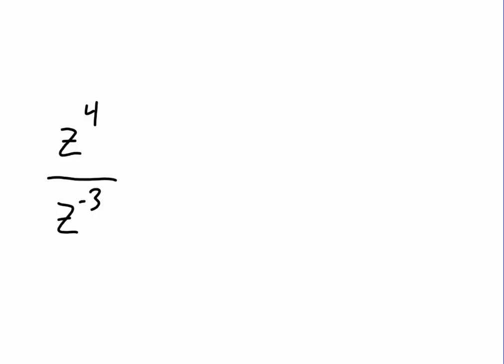One way is just to say, hey, quotient rule says take the top exponent and subtract the bottom exponent. So that would be z to the top exponent 4 minus a negative 3. Well, minus a negative gives us a positive, so z to the 7th.